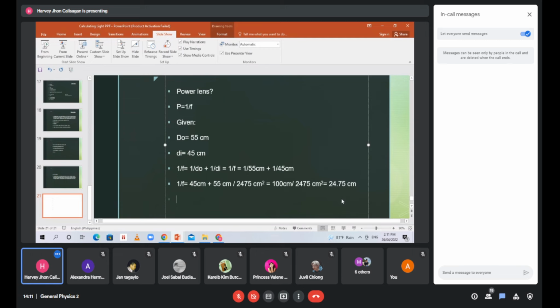Next, how do we get the power? Since power is equal to 1 over f, we divide 1 by 24.75 centimeter. 1 divided by 24.75 is 0.040.